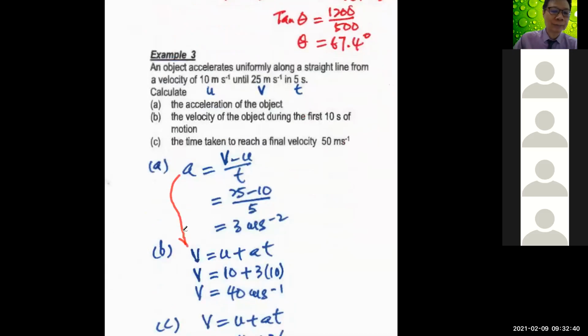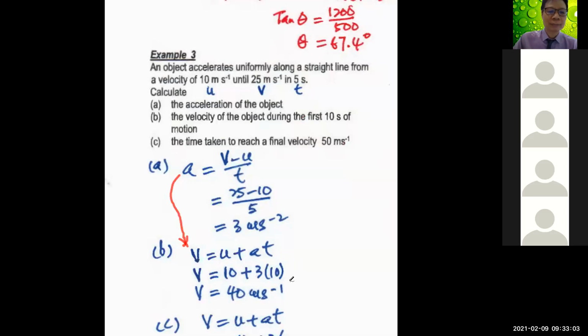When I put the t over, bring the u over, it becomes at plus u. This one is the same formula. I write this way so that I can put in the time 10 seconds. Acceleration is 3, so you can calculate straight away. You get velocity when the time is 10 seconds is 40 meters per second.